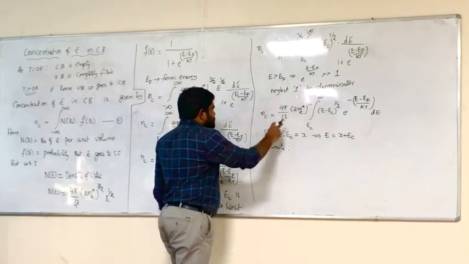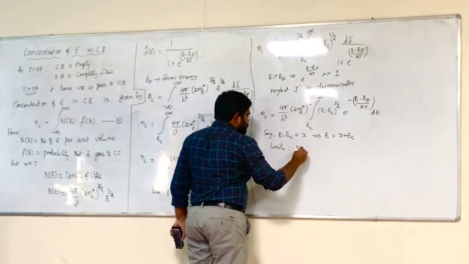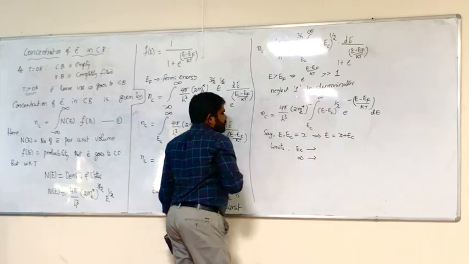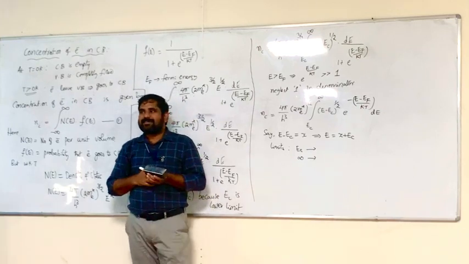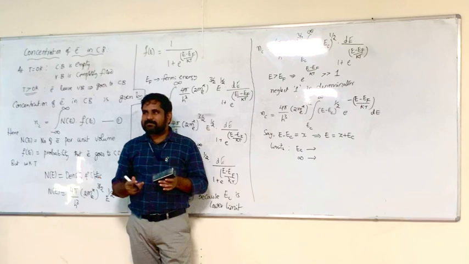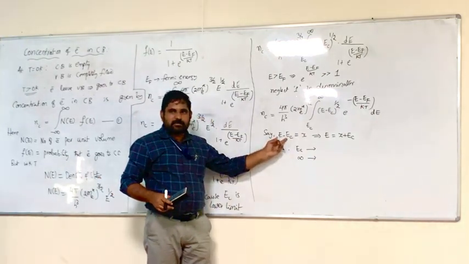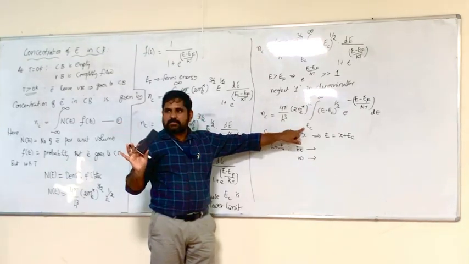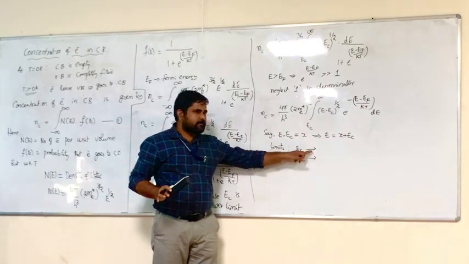Previous limits are Ec to infinity, right? X is E minus Ec. Your first limit is Ec, so wherever E is there, you have to keep Ec. Ec minus Ec.